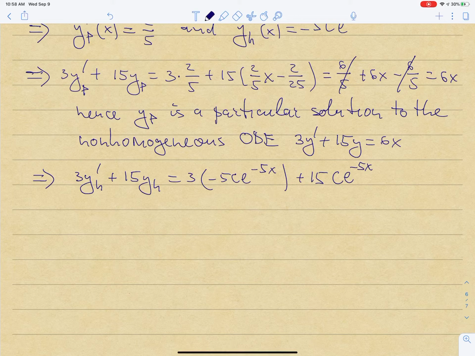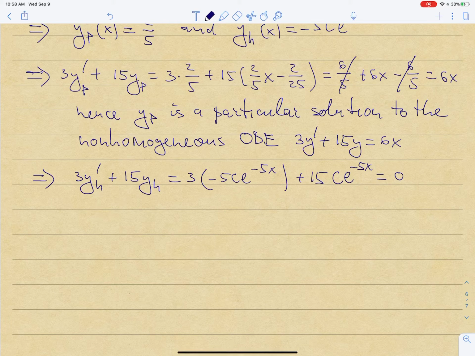Well, and then you notice that if you distribute 3, if you multiply the expression in parentheses by 3, you get minus 15c e to the minus 5x. You're adding 15c e to the minus 5x, so everything cancels out, and you get 0.